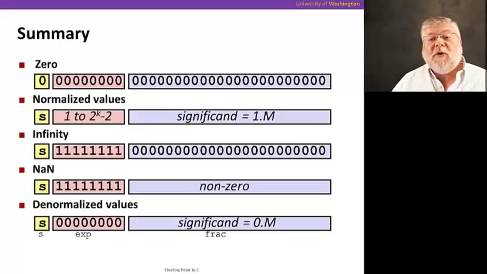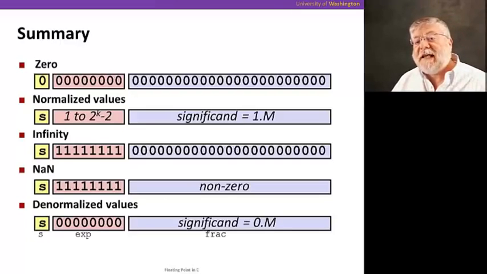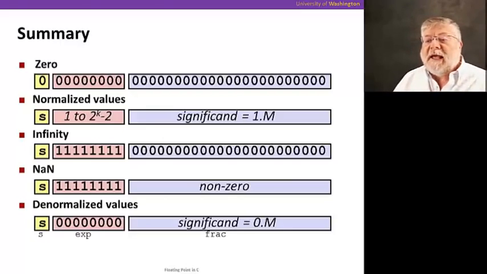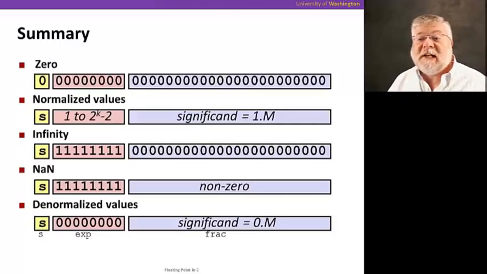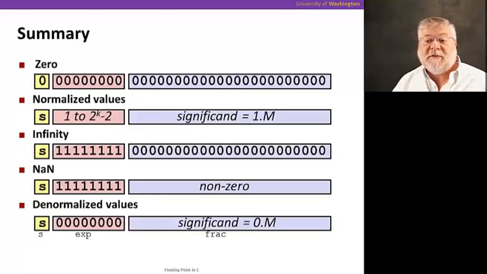Then we talked about normalized values where the exponent is anywhere from 1 to 2 to the k minus 2, where k is the number of bits of the exponent, and the significand is 1 point m, where m is the mantissa, what's represented in that blue portion of the number. We also mentioned that we reserve the exponent of all 1s to represent positive and negative infinity.